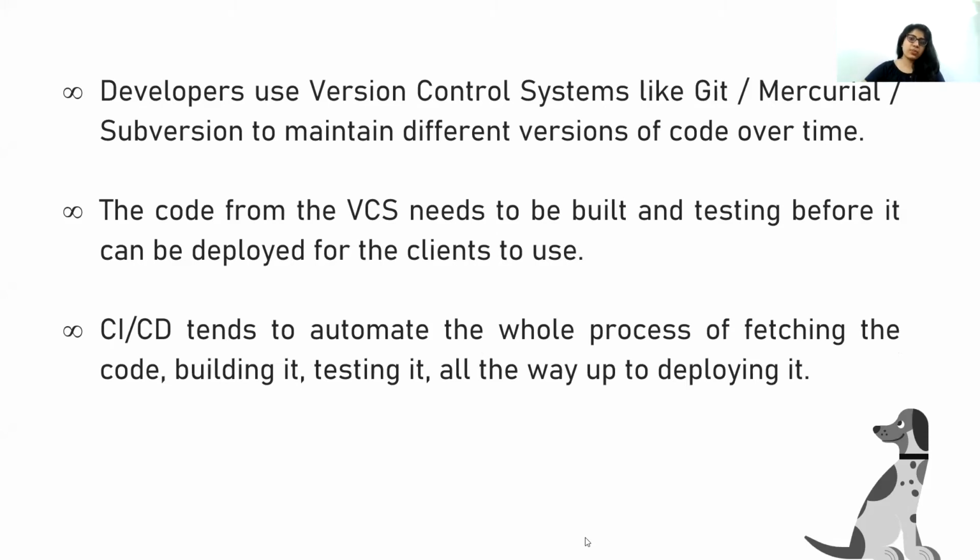After the code is pulled from the VCS repository, it needs to be built by using specific toolchains. Next, the code needs to be tested, followed by deployment. CI/CD can automate this whole process and save a ton of time.